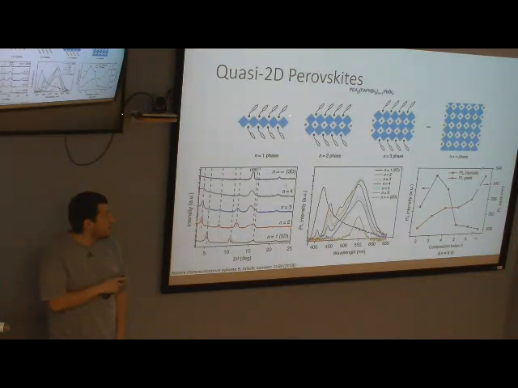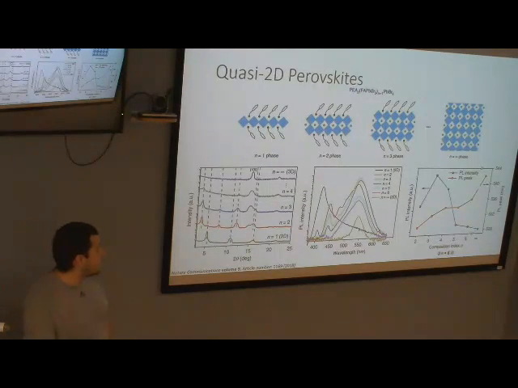There are a lot of papers on this, but this one in 2018, when they used phenylethylammonium, happened to be the most efficient one. Apologize for that. But right here they have the photoluminescence chart.